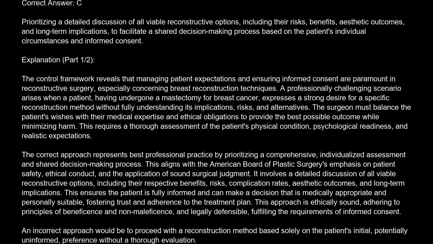It involves a detailed discussion of all viable reconstructive options, including their respective benefits, risks, complication rates, aesthetic outcomes, and long-term implications. This ensures the patient is fully informed and can make a decision that is medically appropriate and personally suitable, fostering trust and adherence to the treatment plan.